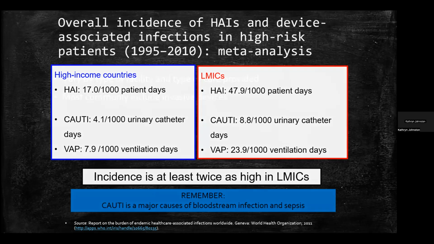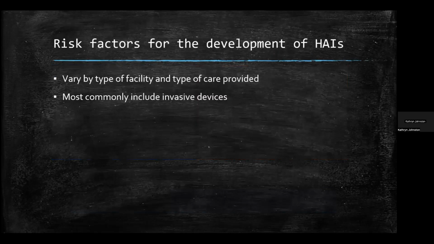The risk factors for HAIs vary according to not only the type of healthcare facility, but also to the care area where the patient is admitted. And they're partially different in developing countries.